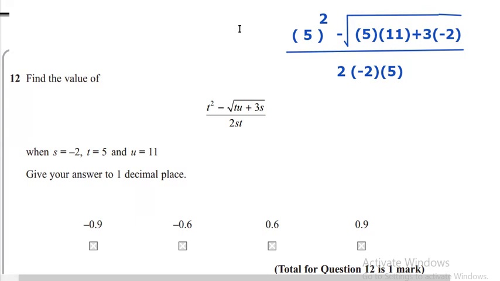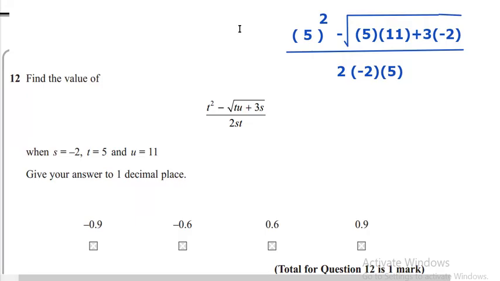But most of the calculators, when you put fraction, you will go down eventually from the power, okay? But without fractions, you have to go down by yourself. And then minus square root, bracket 5, close bracket, bracket 11, close bracket, plus 3, bracket -2, close bracket. And then I go down here because I'm in the denominator now. So 2, bracket -2, close bracket, and then bracket 5, close bracket.